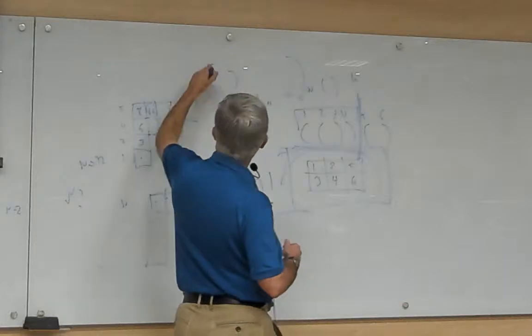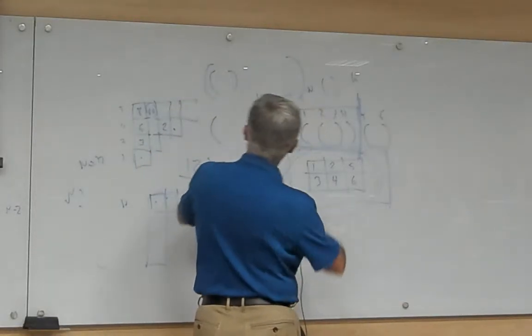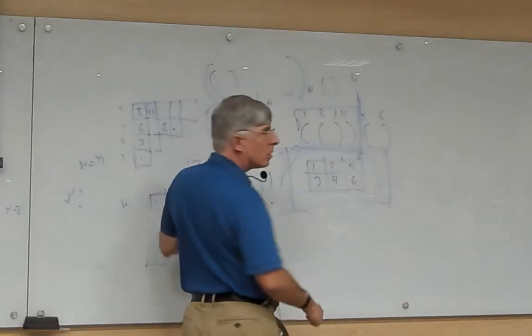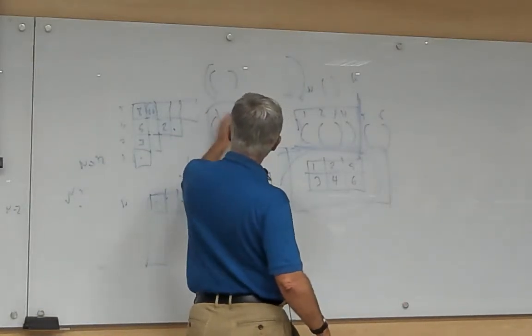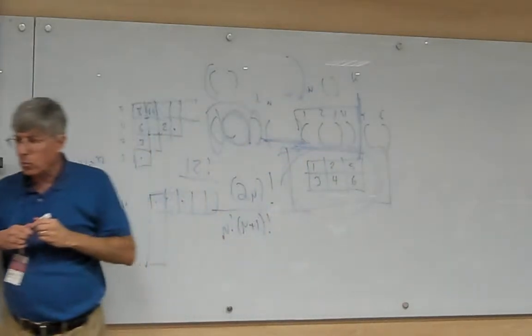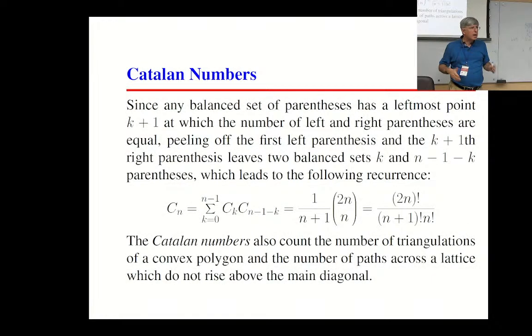I see. So if there's a break, we know that this matched with this. There's this much stuff inside and this much stuff on the other side. And that's why k plus n minus 1 minus k does not add up to n. It's that outer one that we didn't have.